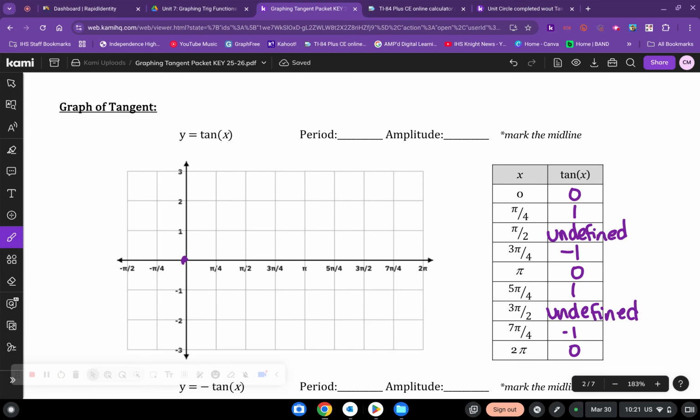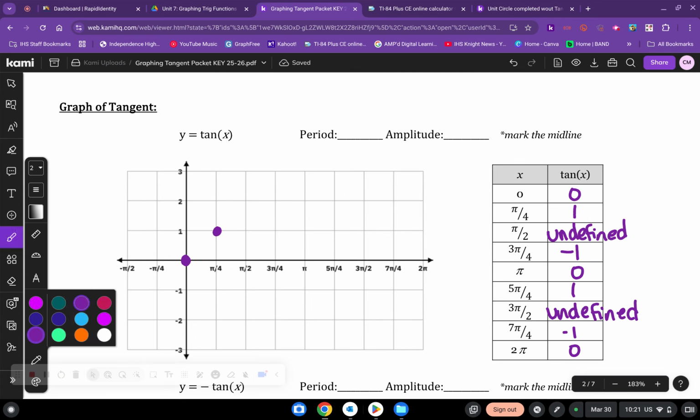Okay, so let's plot these points. At pi over 4, I go up to 1. At pi over 2, I have an asymptote. At 3 pi over 4, I'm down at -1. At pi, the point is at 0. At 5 pi over 4, I'm at +1, and then another asymptote.